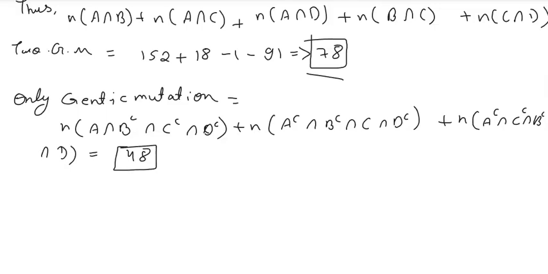So from there are 48 rats who have 1 genetic mutation and 78 rats who have 2 genetic mutation.